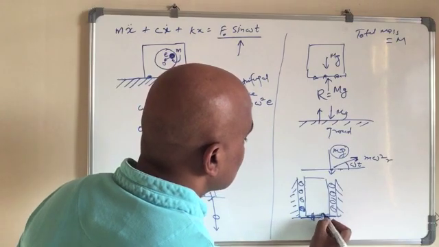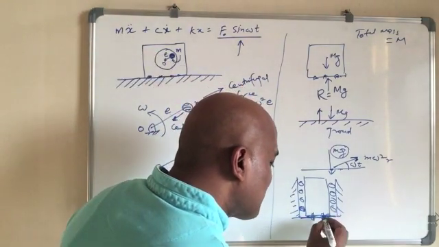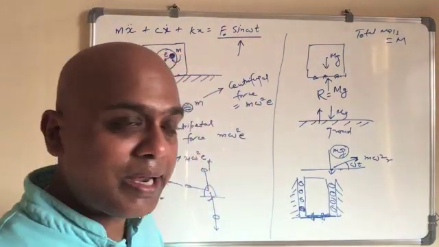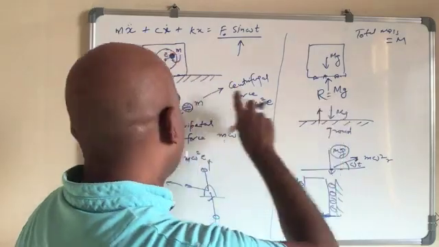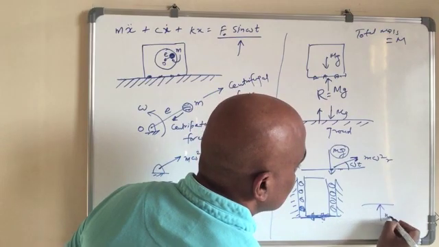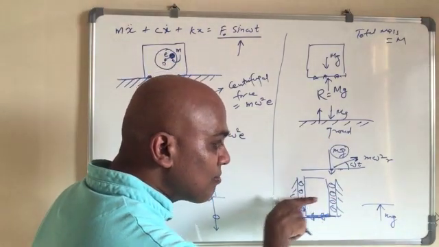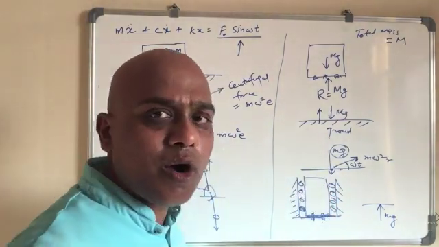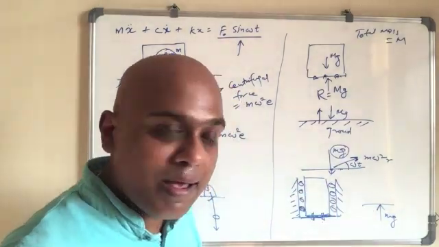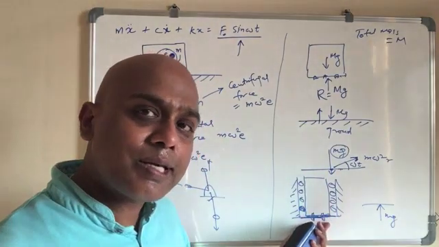So this is the bolt, and we want to know the reaction force here. When the rotor is not rotating, the reaction force will be mg. When it starts rotating, we assume all the horizontal forces are taken care of by this roller support. So all the force this side or that side will be balanced by this roller. Only the upward force will be taken by these bolts, right?